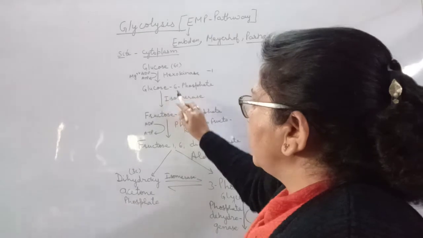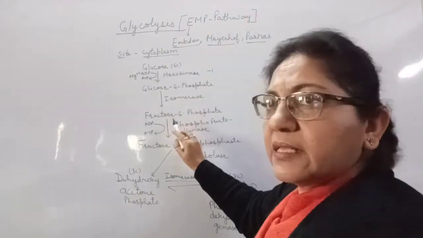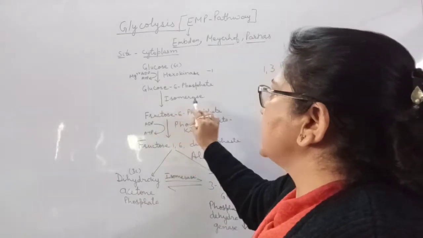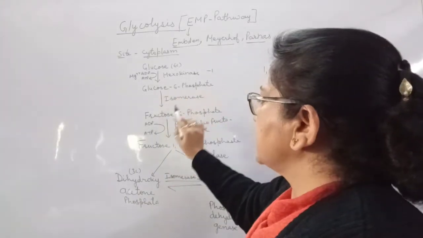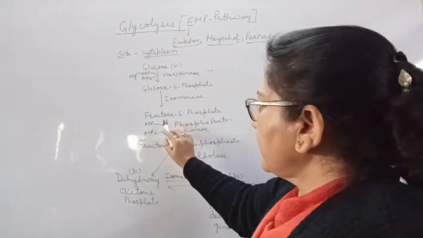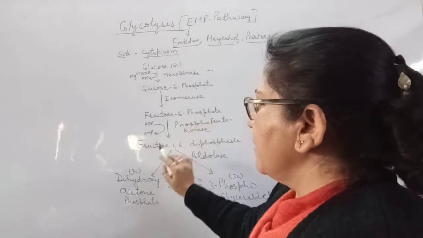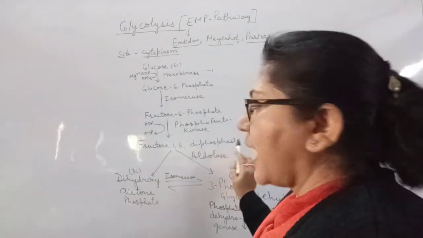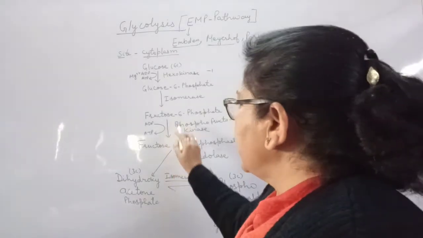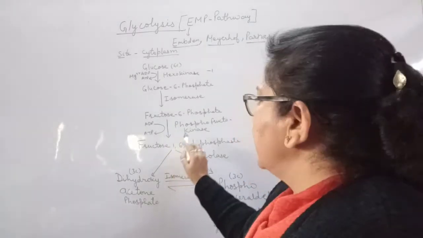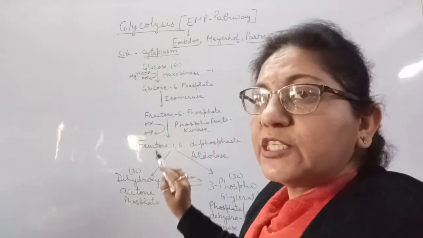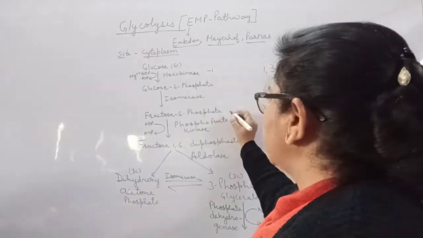The second step is glucose to fructose. Structurally they are different, but the molecular formula is the same, so we simply say isomerase. The glucose is converted into fructose, which is known as isomerase. Now fructose 6-phosphate forms fructose 1,6-bisphosphate. Again there is addition of phosphate in the presence of the enzyme phosphofructokinase with the utilization of energy, that is ATP.